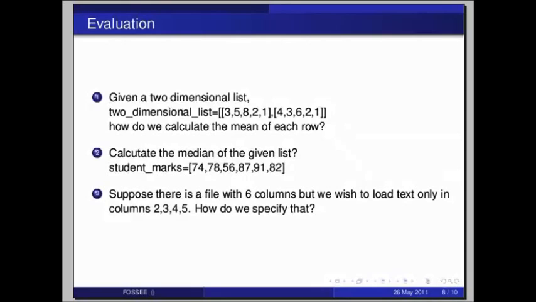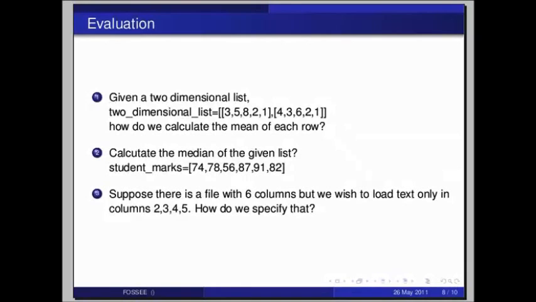The second one, calculate the median of the given list. students_marks is equal to, in square brackets, 74, 78, 56, 87, 91, 82. And the third question, suppose there is a file with 6 columns, but we wish to load text only in the columns 2, 3, 4 and 5. So how do we specify that?